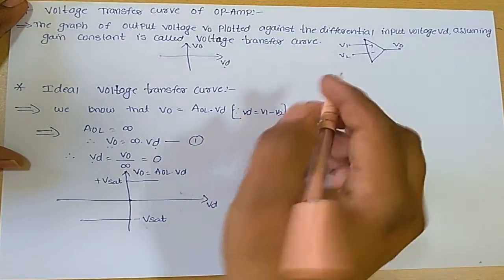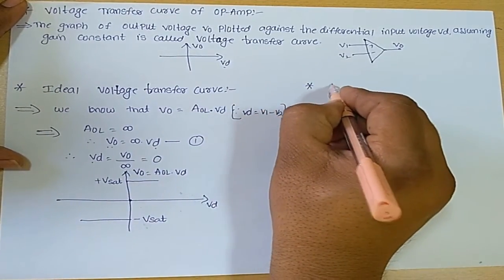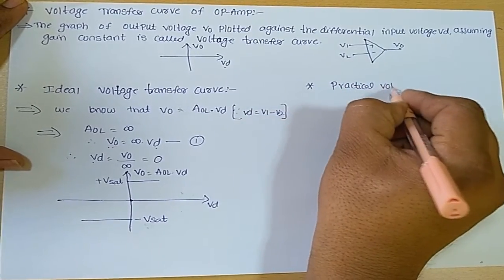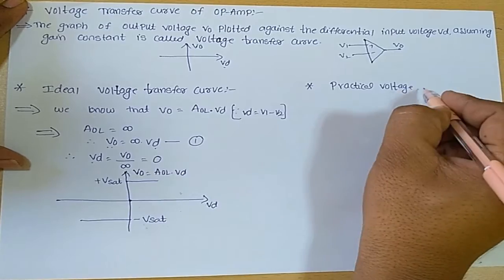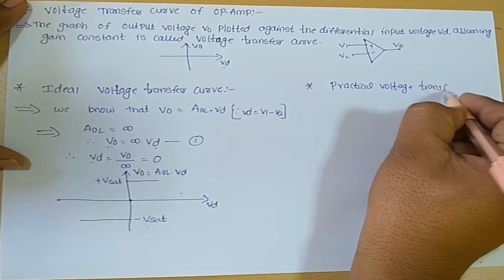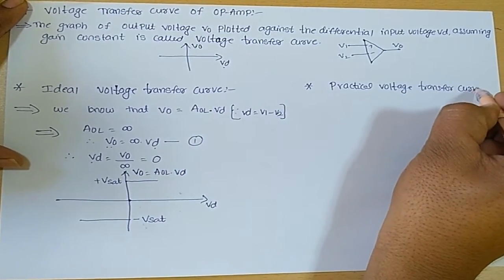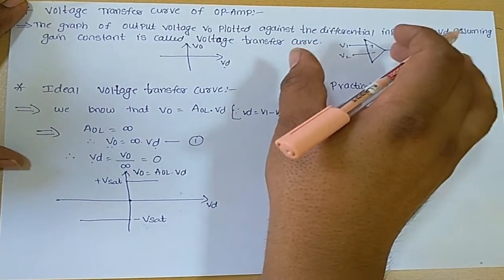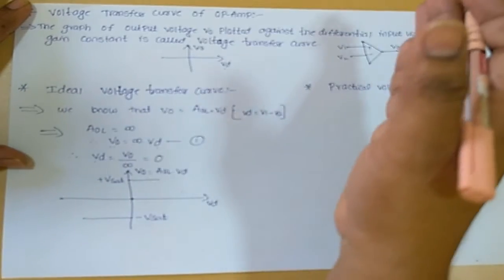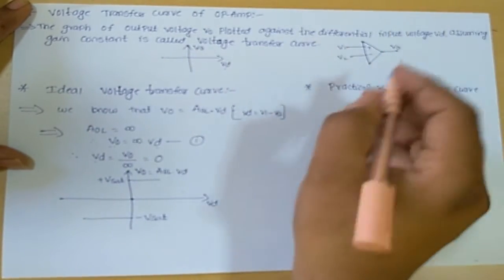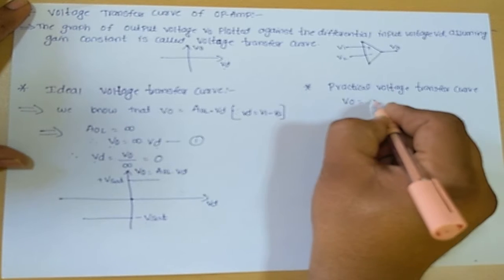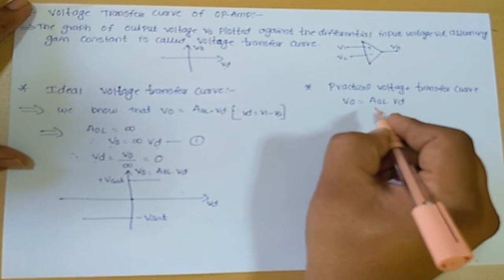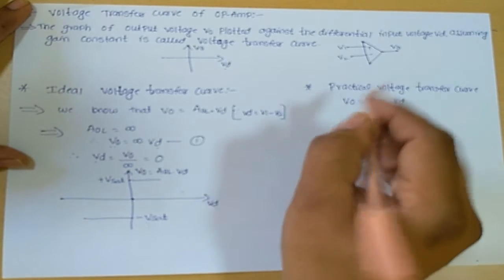Next we are discussing the practical voltage transfer curve. It means that the operational amplifier we consider is practical. With respect to this practical operational amplifier, the output voltage V0 equals AOL into Vd. We know AOL means open loop voltage gain.